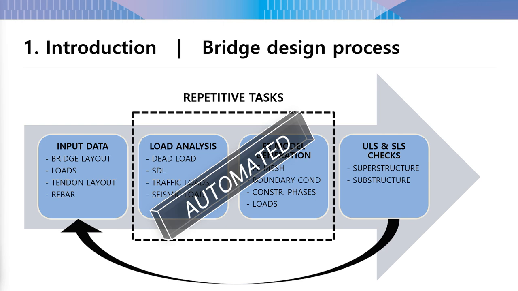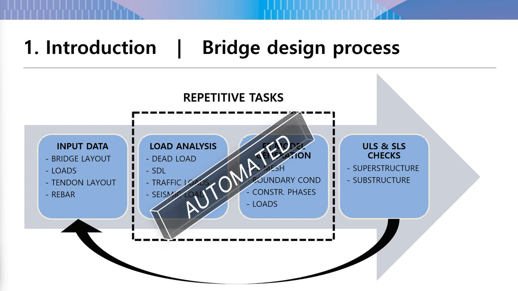We provide parameters for our script, then our script automatically performs steps number 2 and number 3 instead of us, and then we are involved in step number 4, where we check whether the ULS and SLS checks have passed. If they didn't pass, we revert back to the initial step and modify input parameters, our parametric bridge design script performs steps 2 and 3 automatically, and then we only check results in step number 4.